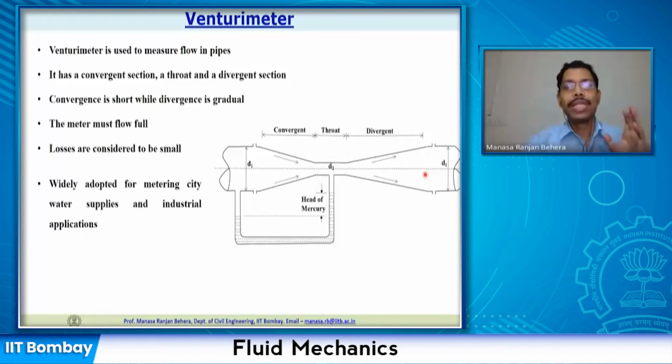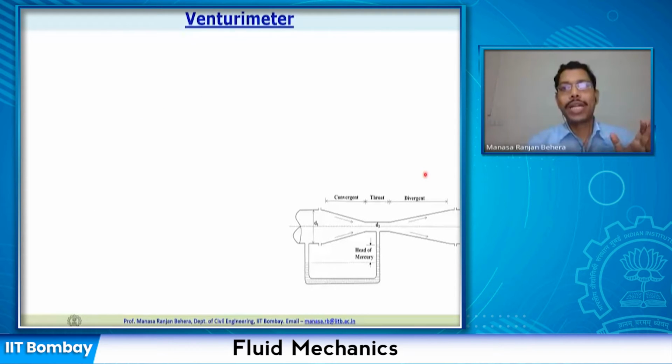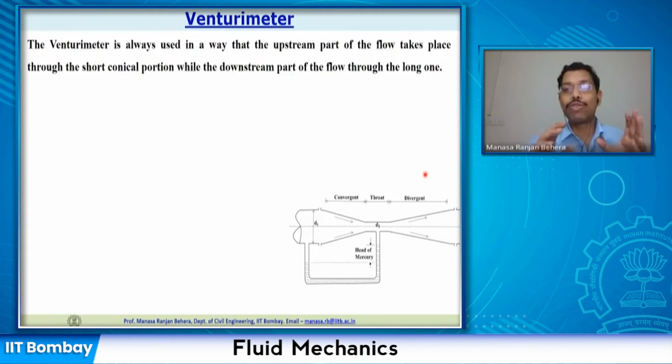Now this venturimeter, as I said, has to be used in a way that the convergent section is facing the upstream and the divergent section is in the downstream, or the shorter portion is towards the upstream side and the longer portion is towards the downstream side. If you use it the other way around, then the purpose for which it has been designed like that is going to be defeated.